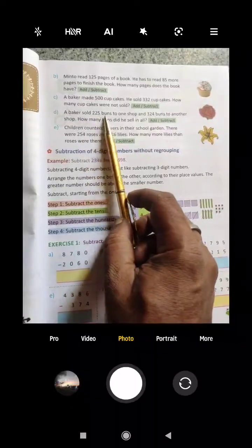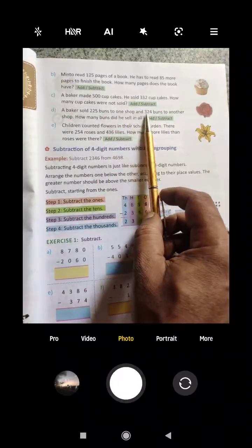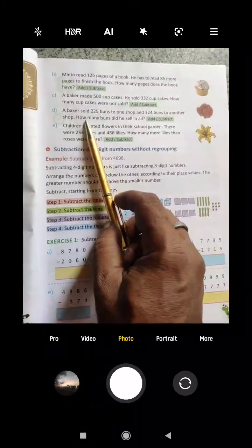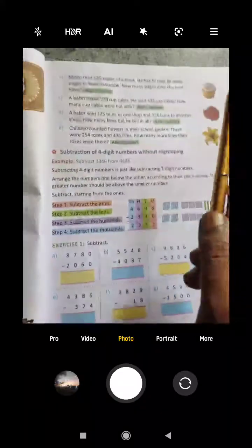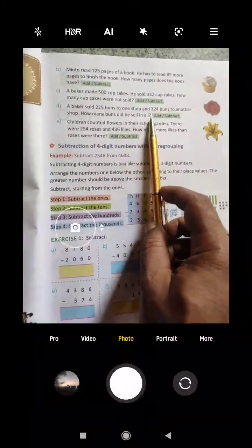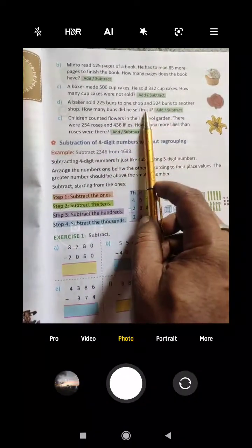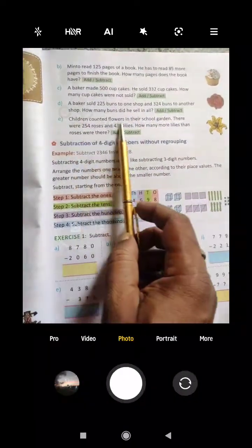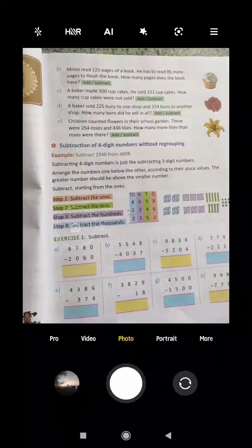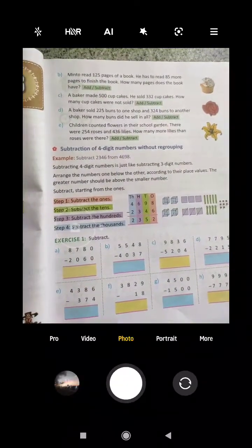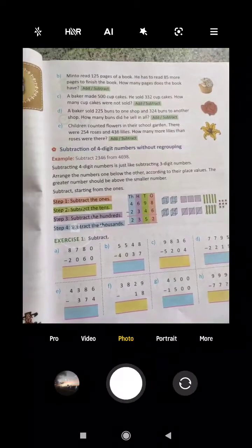A baker sold 245 buns to one shop and 334 buns to another shop. How many buns did he sell in all? What do you do? You need to add, it will give you the total answer. Children counted flowers in the school garden. There were 254 roses and 436 lilies.